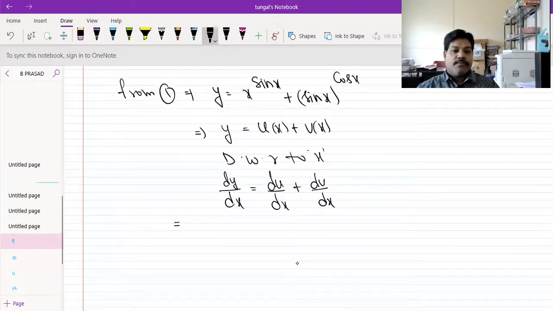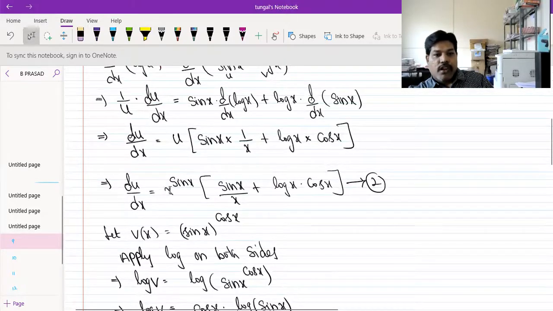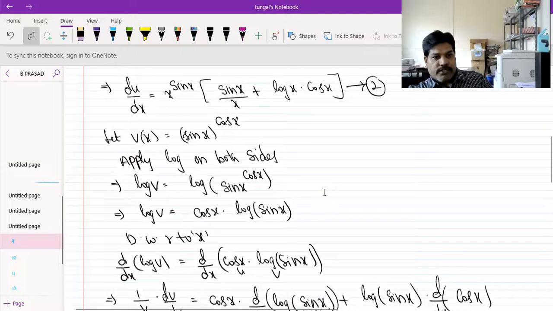So what is this value? dy by dx is equal to, what is the du by dx, students? See that one from equation 1. What is equation 1? Equation 1 is nothing but x power sin x into sin x by x plus log x into cos x.